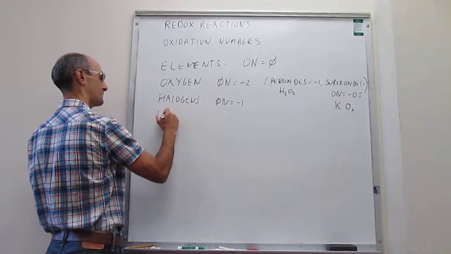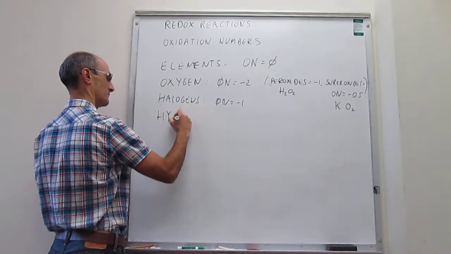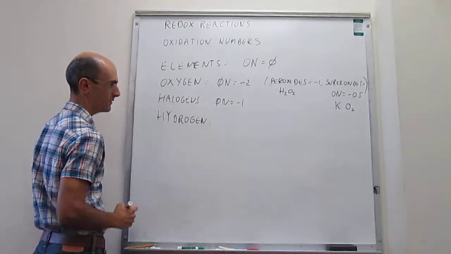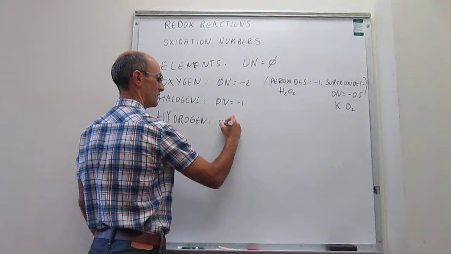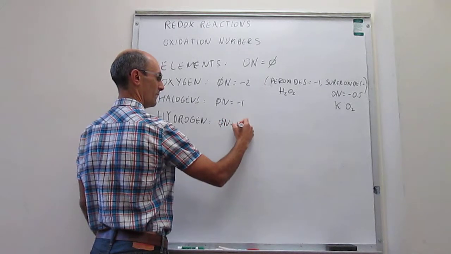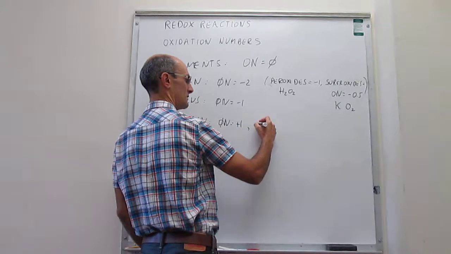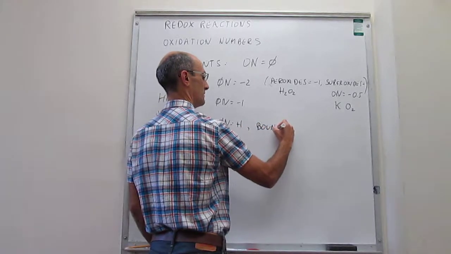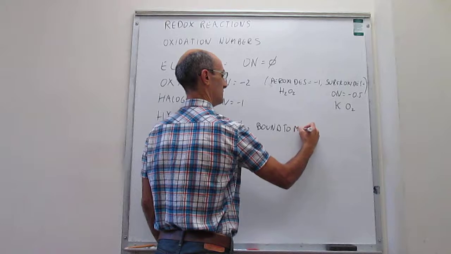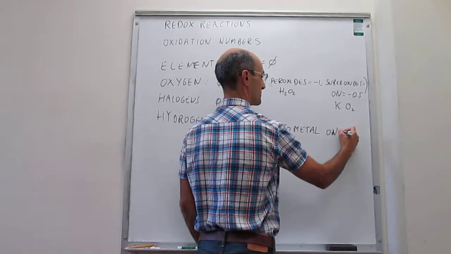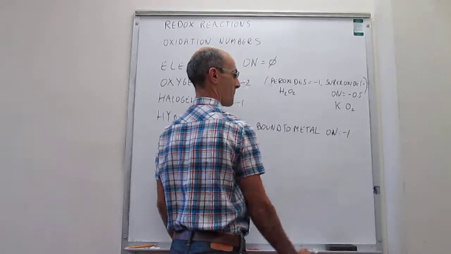Okay, what else? Hydrogen. All right, hydrogen is going to have an oxidation number of plus 1, unless it's bound to a metal. In that case, the oxidation number is going to be equal to minus 1.